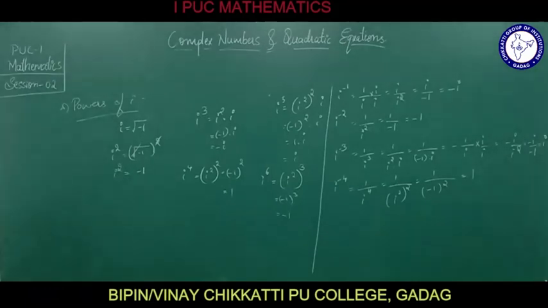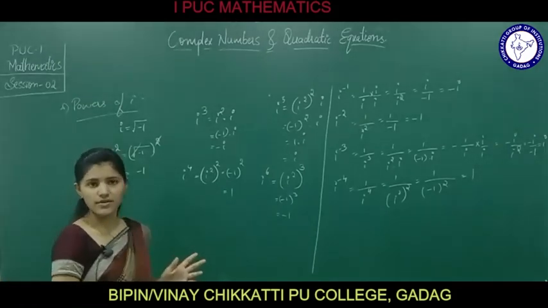That is, i raised to -1 is -i, i raised to -2 is -1, i raised to -3 is i, and i raised to -4 is equal to 1. So in general, how can we represent the powers of i?